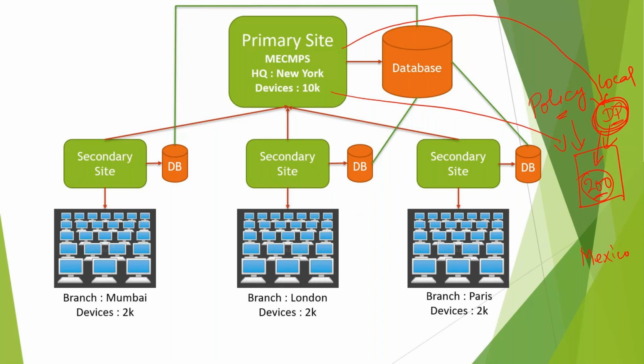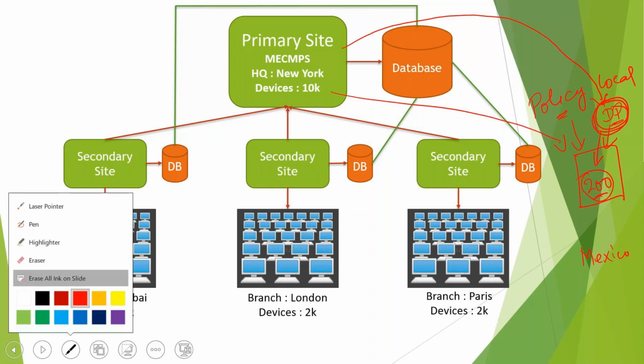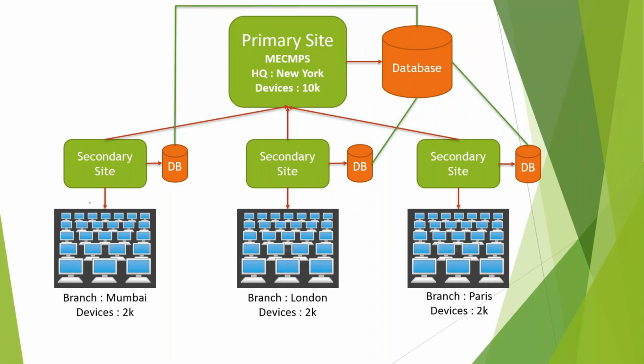But if you have more than 500 devices, the machine will download the policy plus content, both from the secondary site. Clear? Okay.